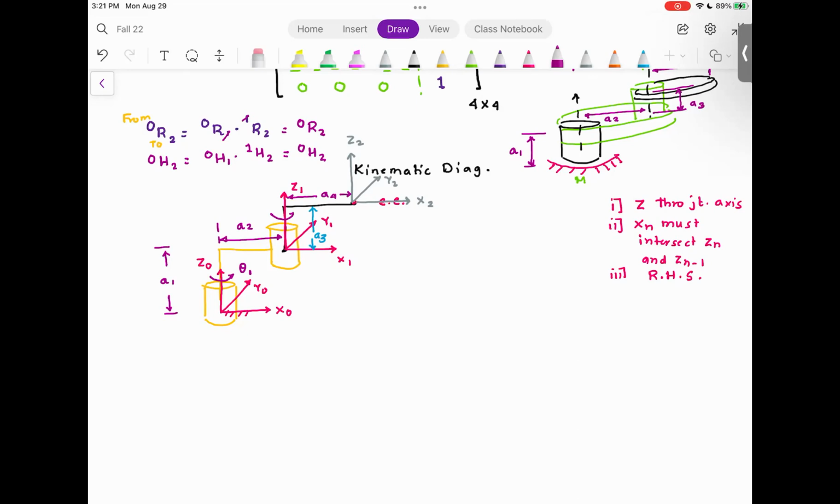I'm going to call this theta 2. And some of you may ask why I am choosing theta 1, why not theta 0? Why theta 2, why not theta 1? This is the same convention that is used in the robotics books.